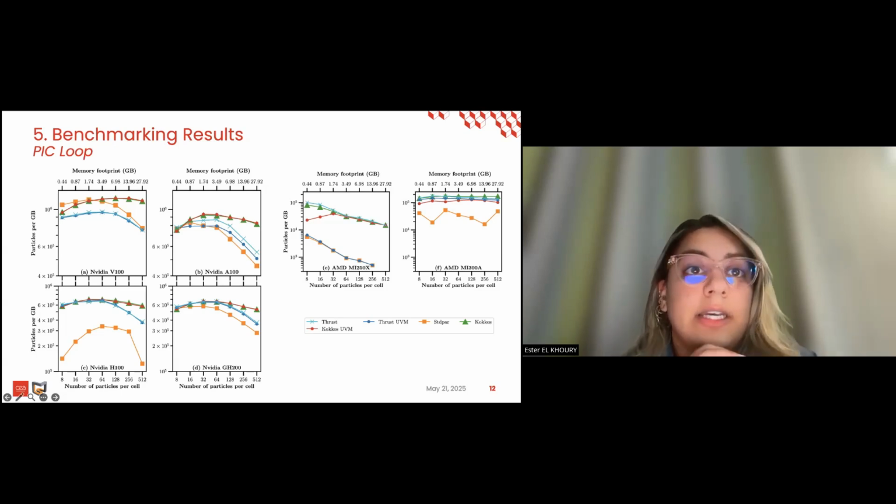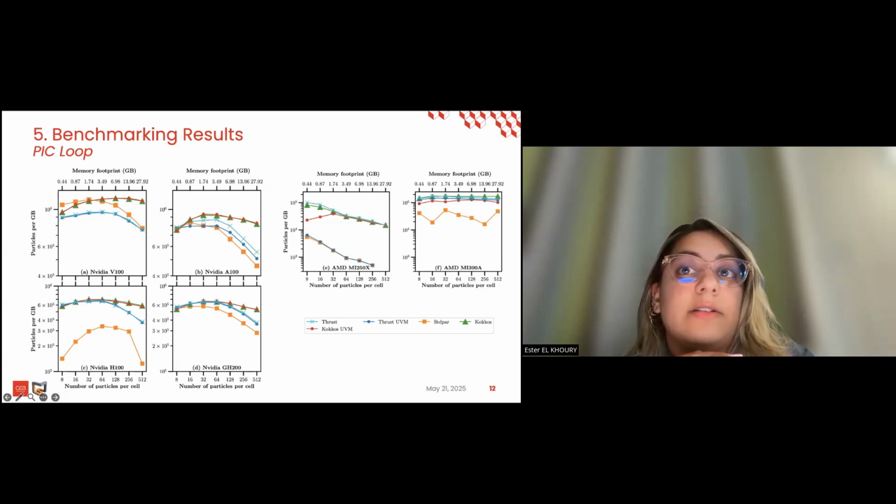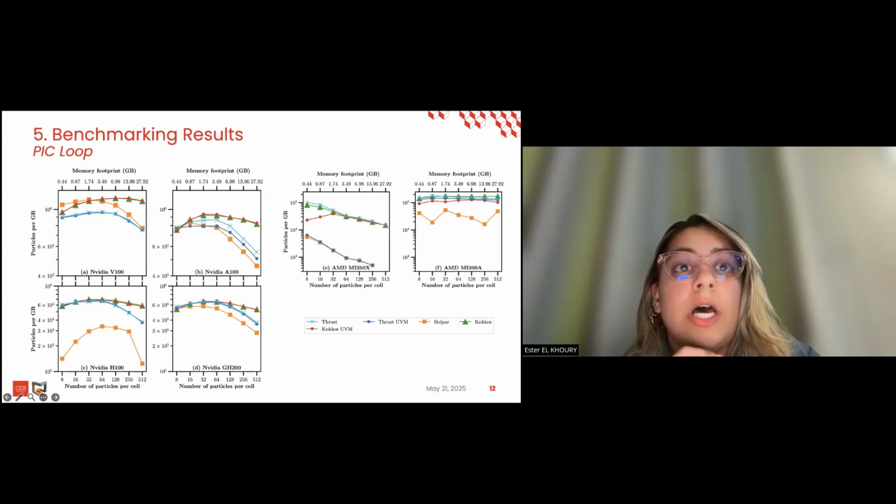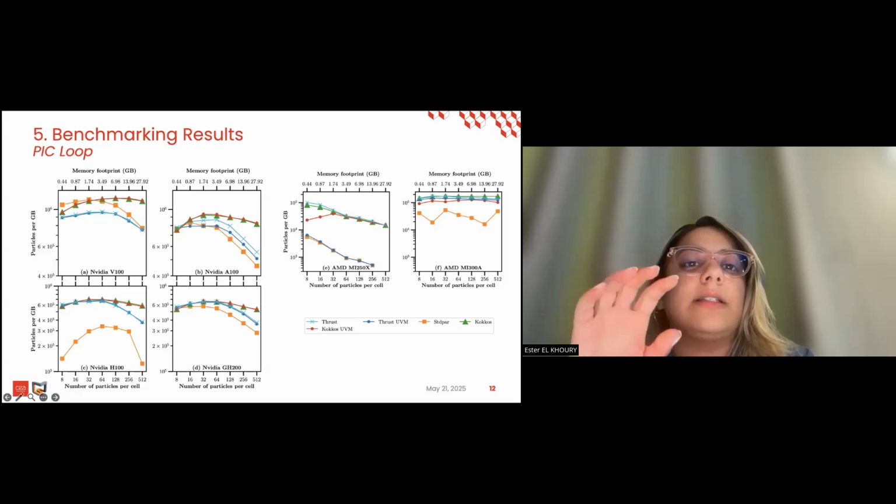As you can see here, Kokkos and Kokkos UVM deliver nearly identical performance across all GPUs. They remain stable even with increased memory usage. Thrust and Thrust UVM show similar behavior. We don't see this behavior on NVIDIA A100, but it's a small difference, about 8%.